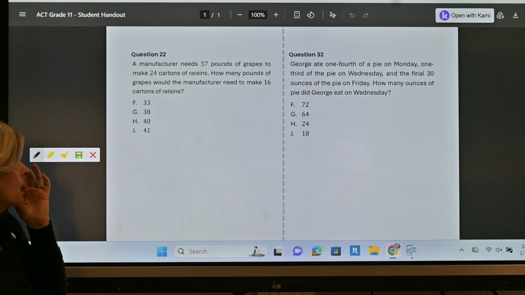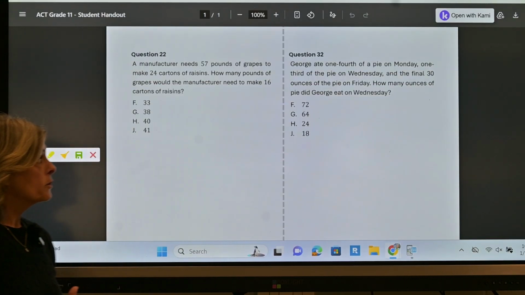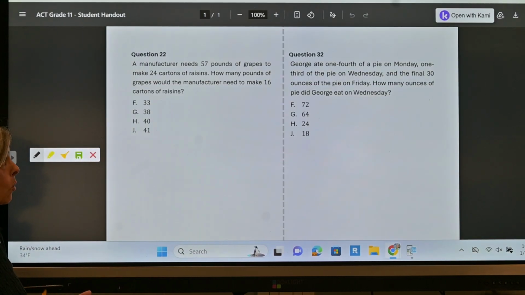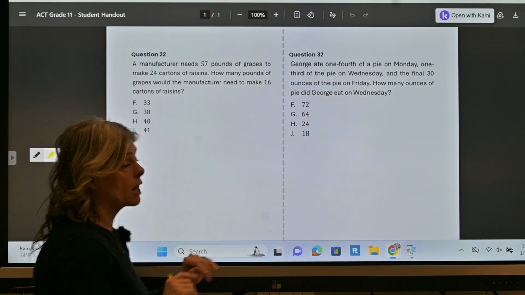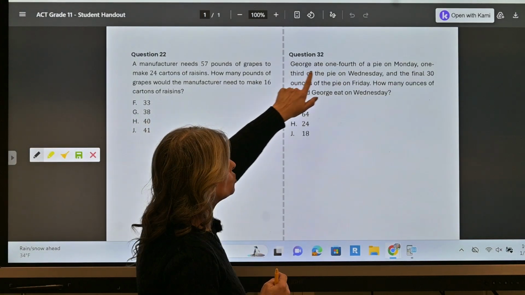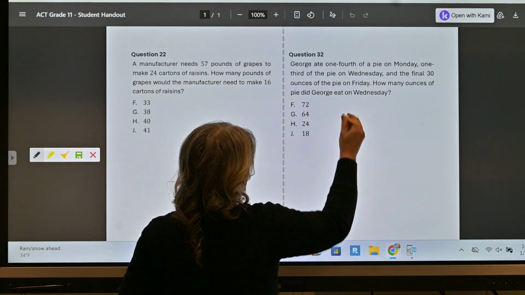Okay, so George ate 1/4 of a pie on Monday, 1/3 of a pie on Wednesday, and the final 30 ounces of pie on Friday. How many ounces of pie did George eat on Wednesday? So I would write first what it's saying. I'm going to show you what I'm reading. George ate 1/4 of a pie.